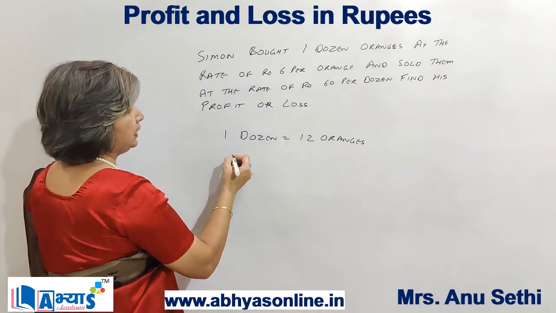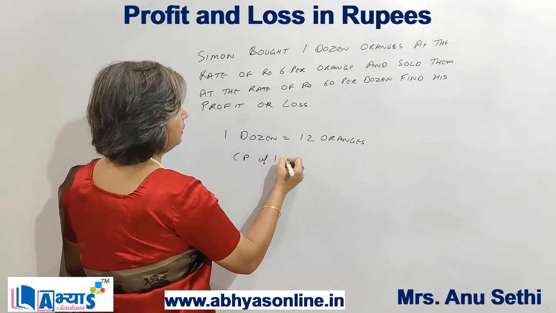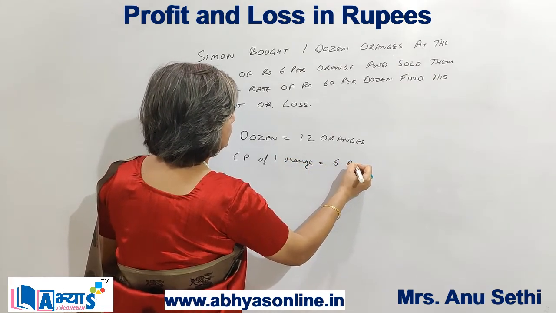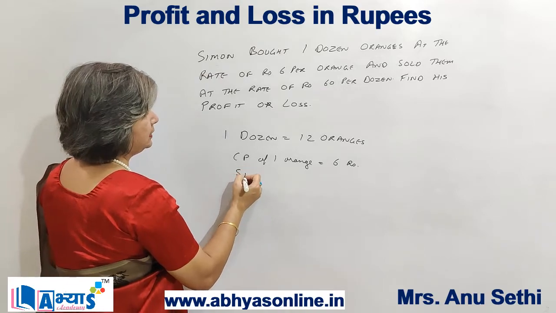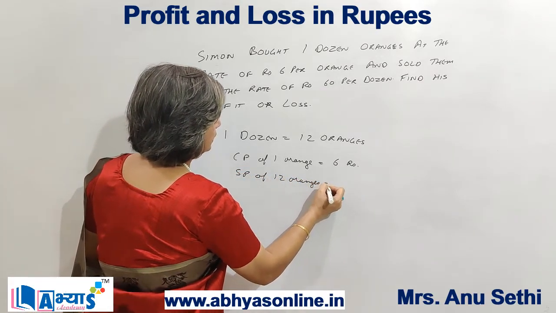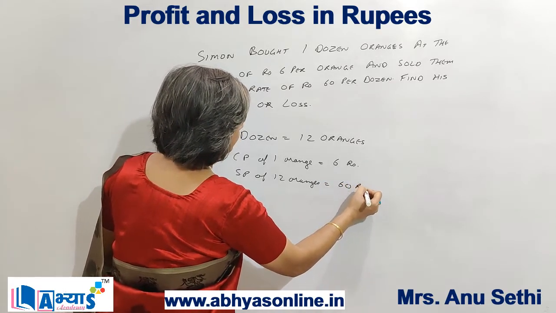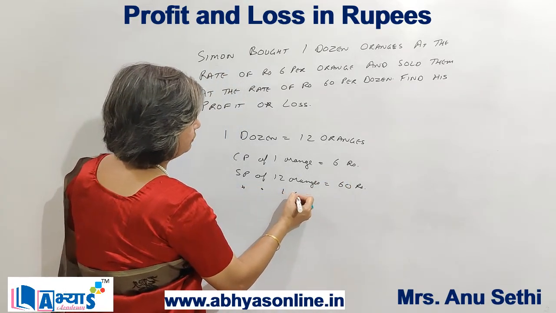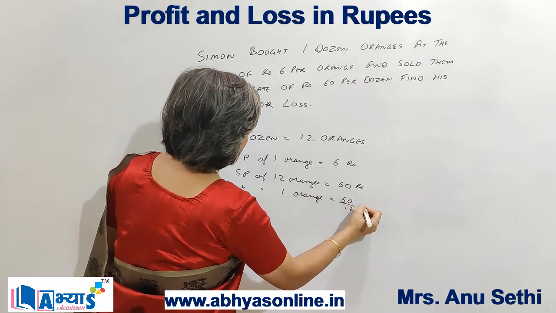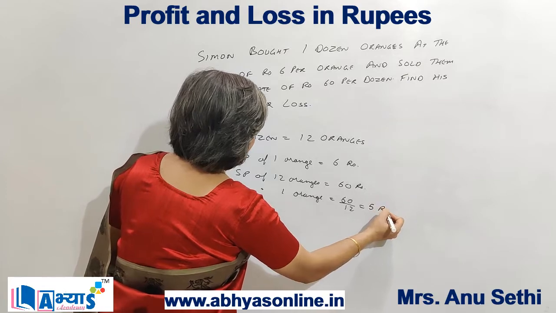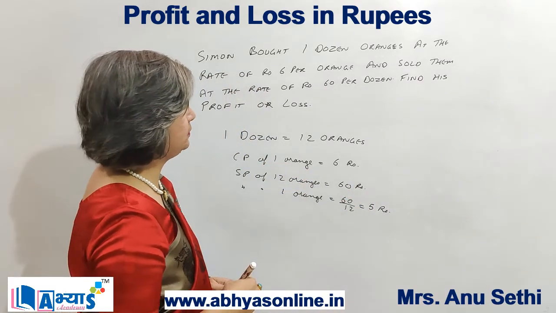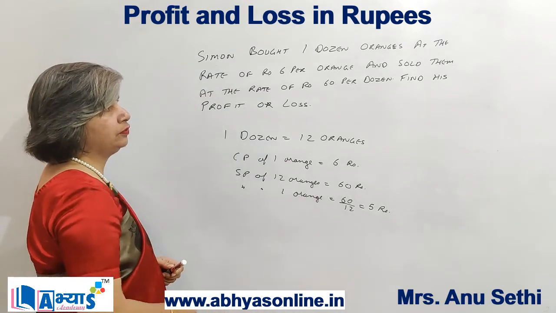So the cost price of 1 orange is 6 rupees and the selling price of 12 oranges is 60 rupees, or we can say the selling price of 1 orange will be 60 upon 12, that is 5 rupees.